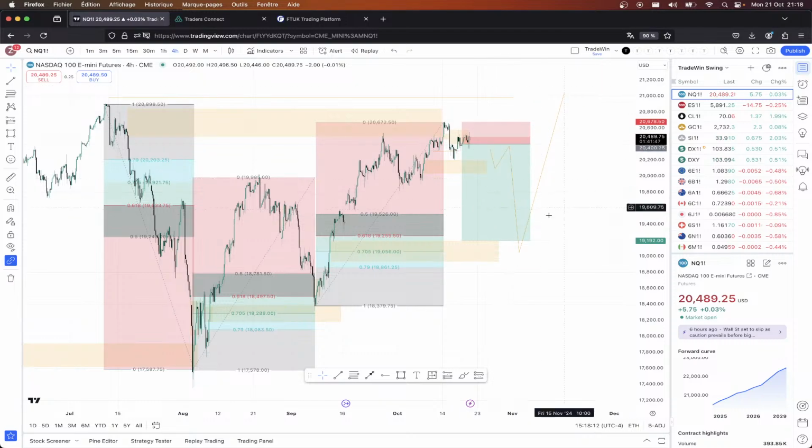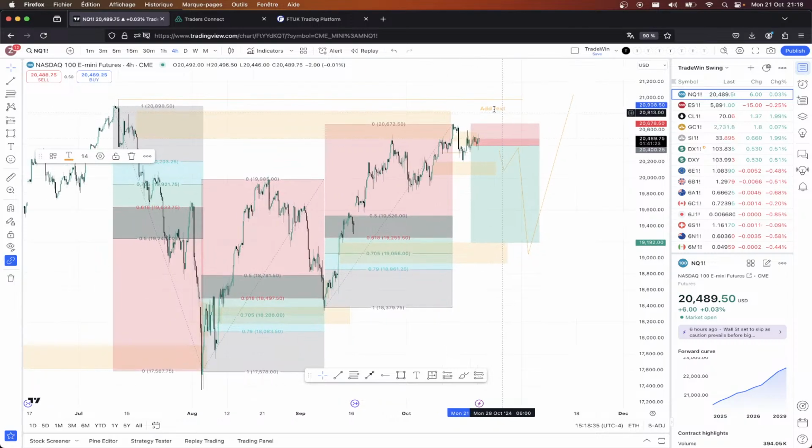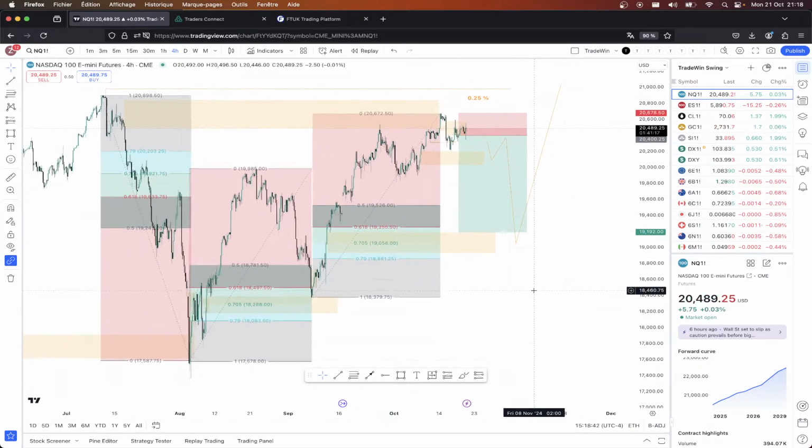So I expect price to do something like the orange line here, having some resistance maybe here, but definitely reaching this level before maybe going for new highs. Just my view, that's completely fine. I might be wrong. As a reminder, I only risked 0.25% because I'm shorting something that's going up. So that's my view.